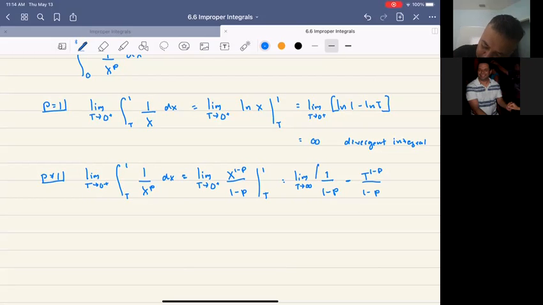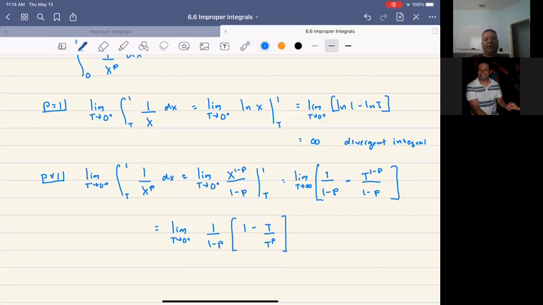Okay, let me write that out a little bit differently. We're going to factor out the 1 over 1 minus p: 1 minus t to the 1 minus p. Okay, so now let's go ahead and just think.